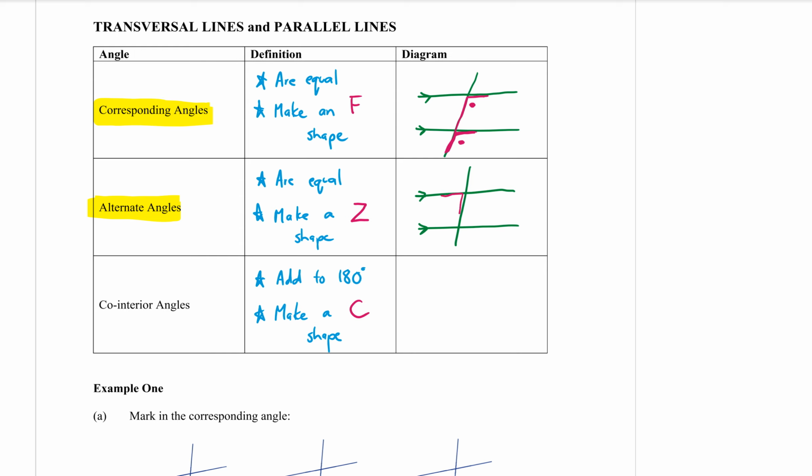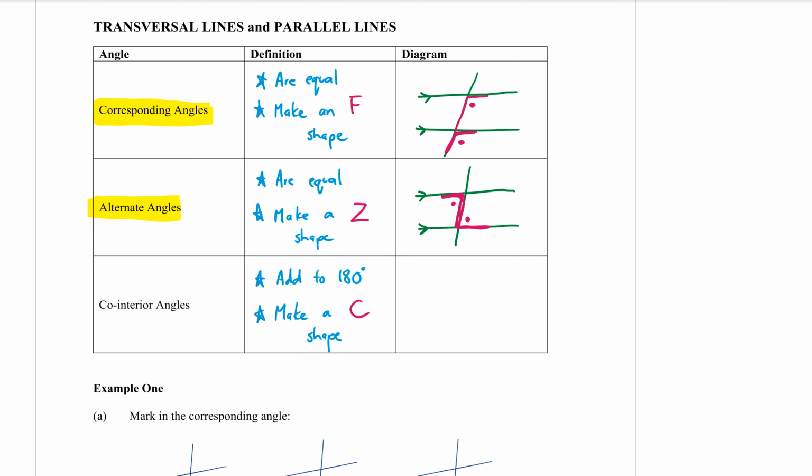So I'm drawing the arms of the angle on there, which is referring to that angle. Then I'm going to draw a backwards angle here, the arms on there, talking about that angle. And connecting those arms together, we get a Z shape. And those angles marked with the dots are equal.